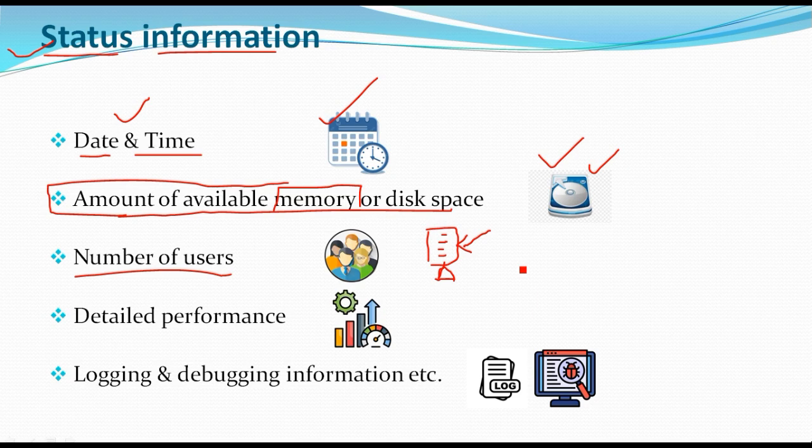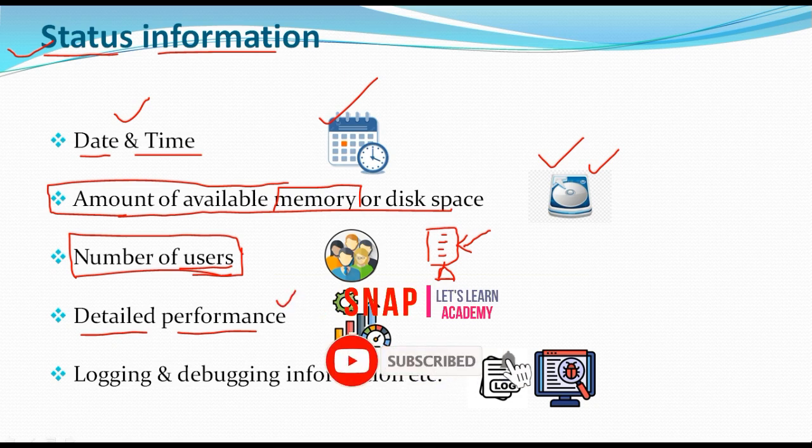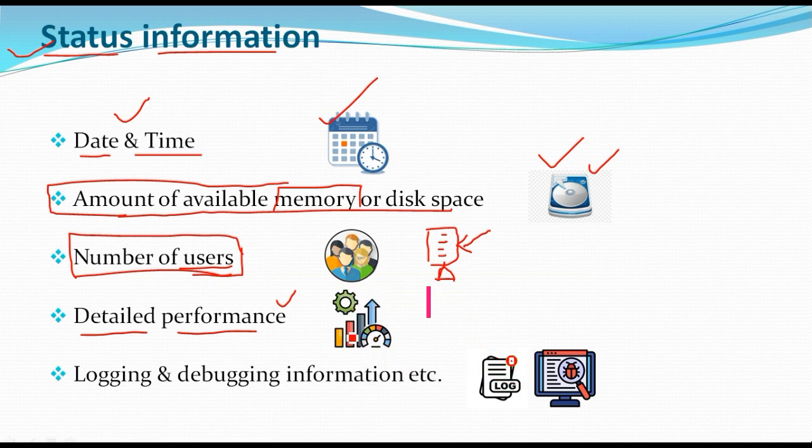So how many users have already logged in and logged out, and how many are presently using the system. If I am connected to a network, I can know how many users are using the system. I can also get the detailed performance of my system through this service, along with detailed information regarding the computer, your processes, and the attributes of devices, files, folders, etc.